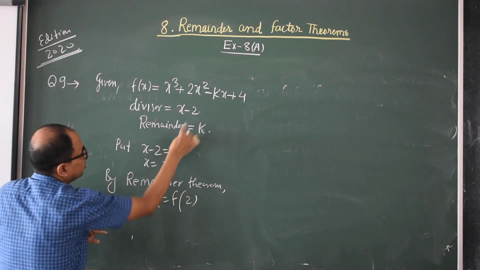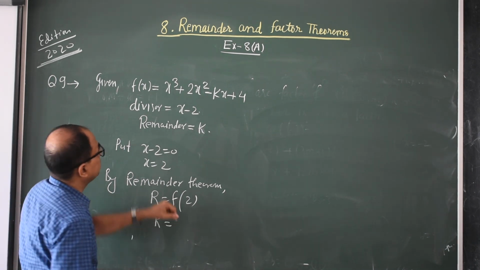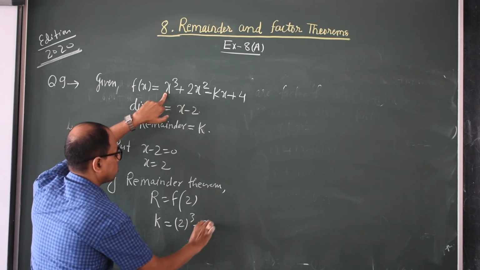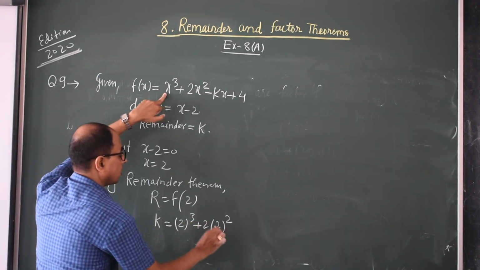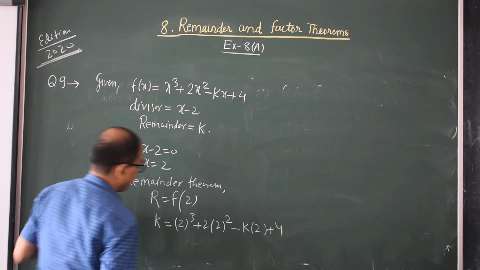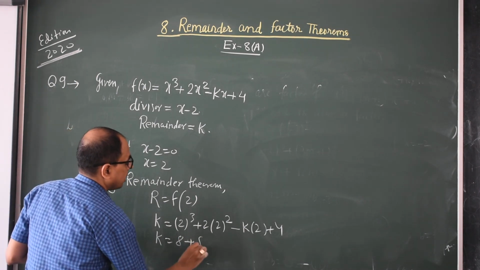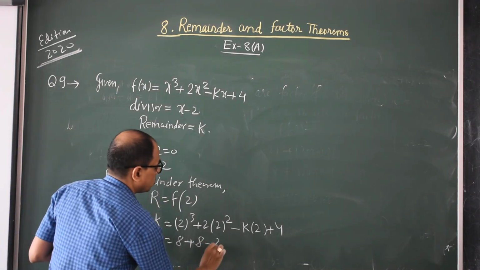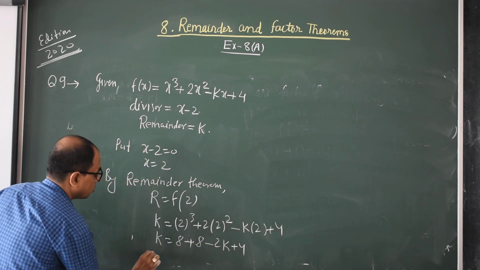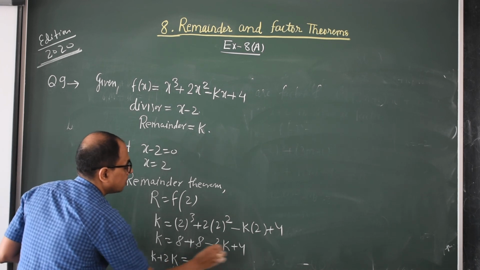The remainder is given in the question as k. The value of the function at 2: 2 cube plus 2 into 2 square minus k into 2 plus 4. So k is equal to 8 plus 8 minus 2k plus 4. Shift this one aside. So k plus 2k is equal to 8 plus 8 is 16, plus 4.